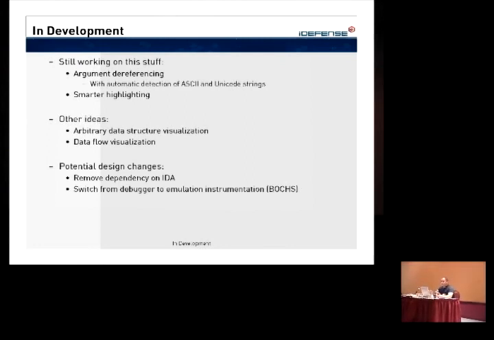There may also be design changes I may want to make. For example, perhaps I would switch from a debugger application to emulation. If I moved off the old instrumentation interface, the old DLL, that's going to give me the ability to make a lot of changes. Or maybe I can also move the dependency. When I first set out to create this, I wanted it to be, in theory, free.